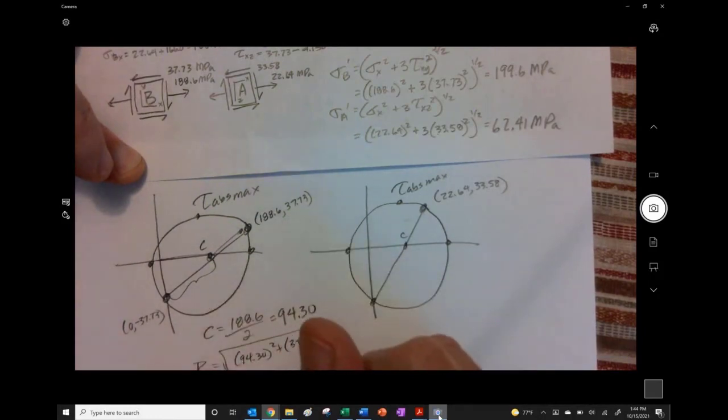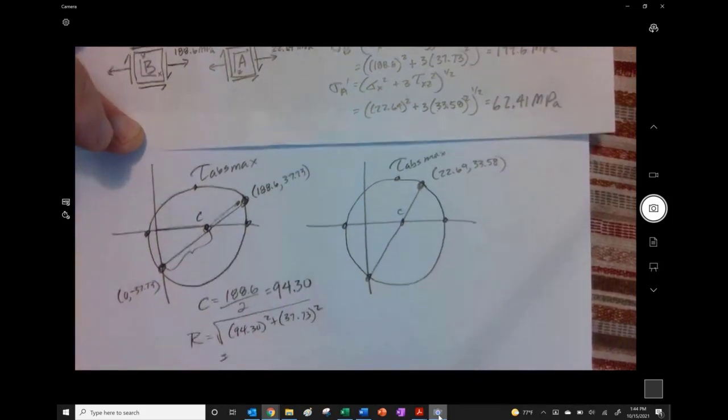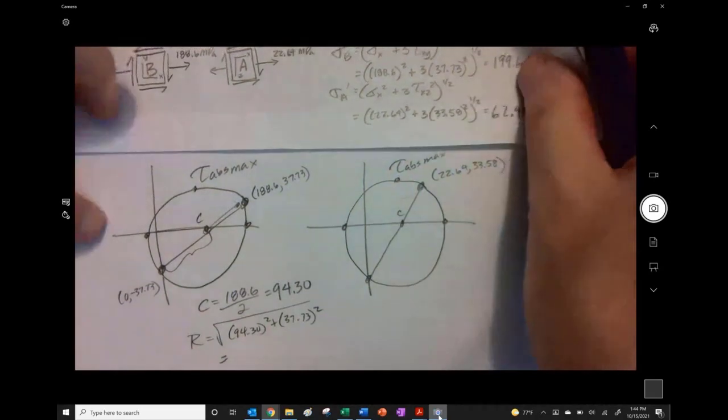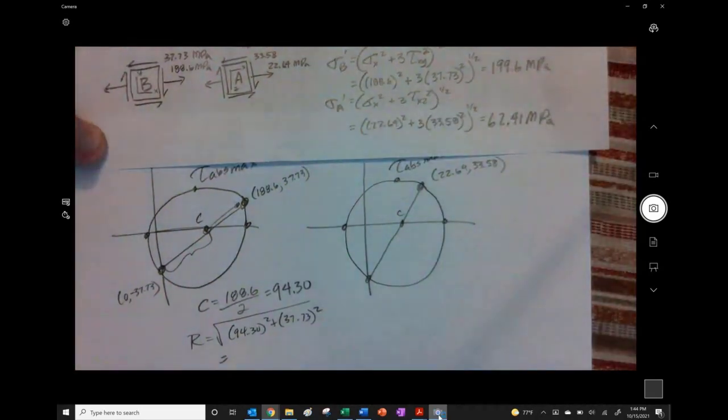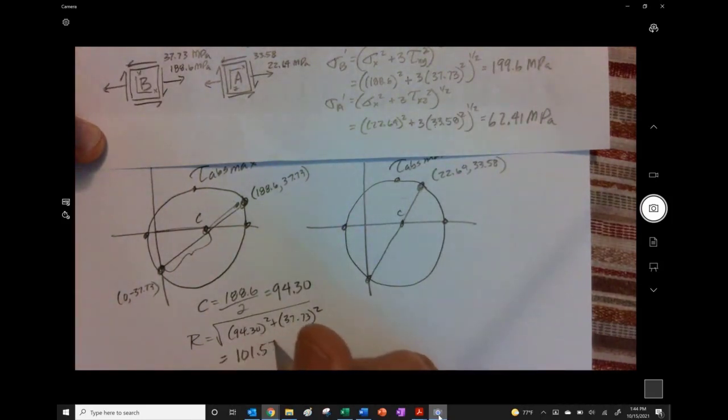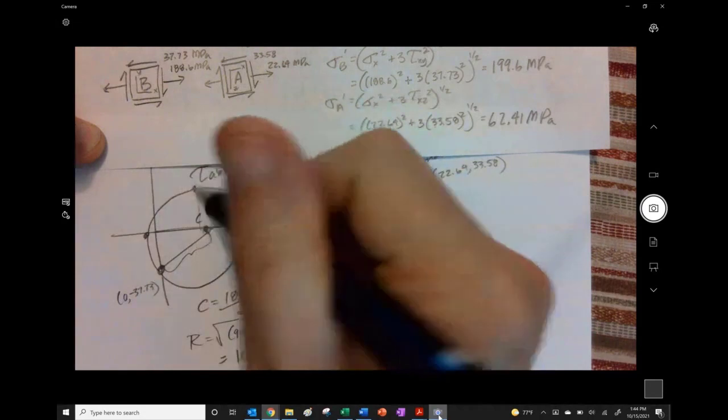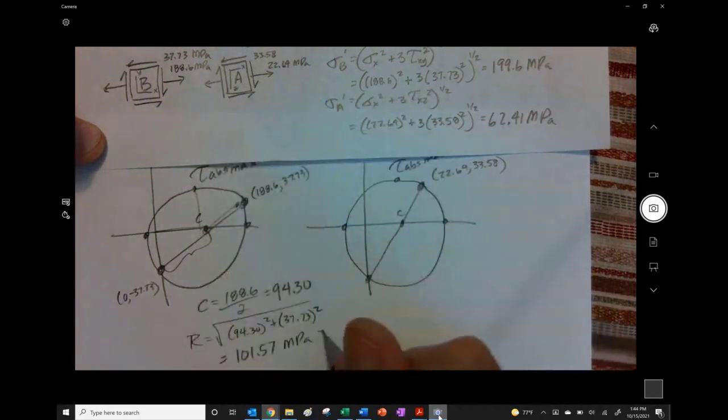and 37.73 squared. So I need that squared, 37.73 squared plus C squared, square root, and I get 101.57, which, because of uniaxial stress, will be the abs max.